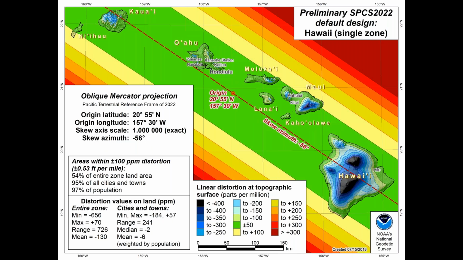And we know that the Big Island is going to have multiple zones because of the vast change in elevation on that island. So we skewed it to 56 degrees. And this will help the GIS users because this will be 1 zone.